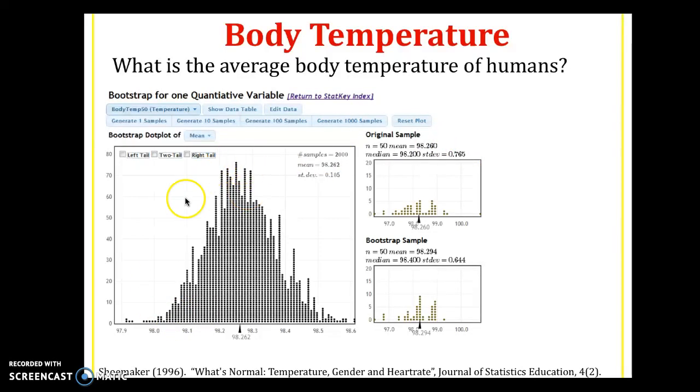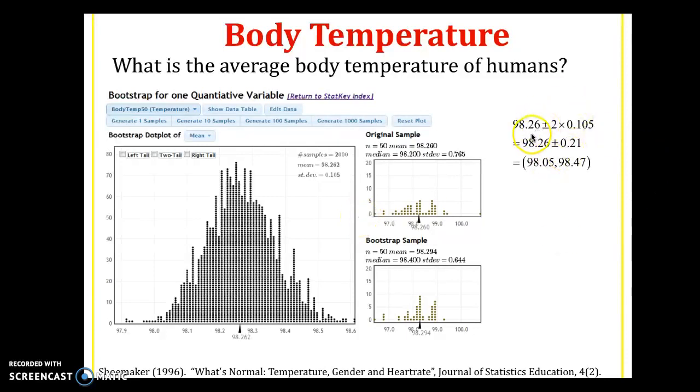And then here there's a bootstrap sample distribution, 1,000 different bootstrap samples, with a mean of 98.262. That should be very close to the sample mean, and a standard deviation of 0.105. And remember, this standard deviation right here is also called the standard error. Standard error is the standard deviation of the sampling distribution.